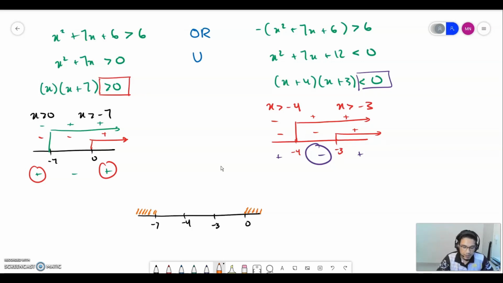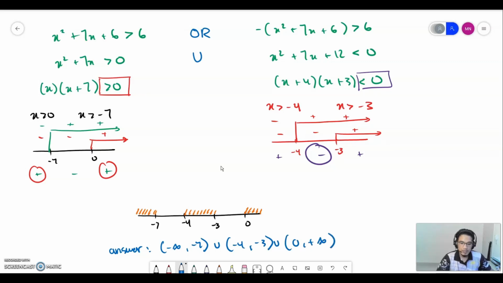So from the negative part, the region is from negative 4 until negative 3. So that is our answer. So our answer can be written as negative infinity until negative 7 union negative 4, negative 3 union 0 until positive infinity.